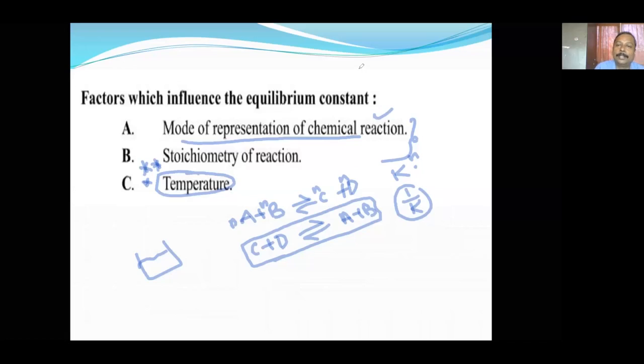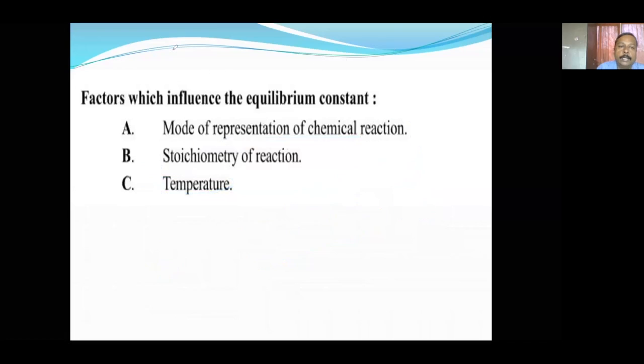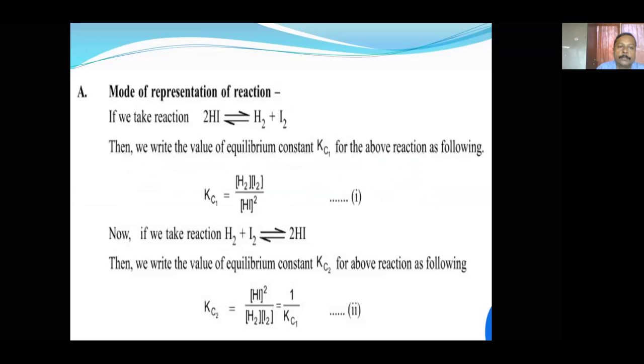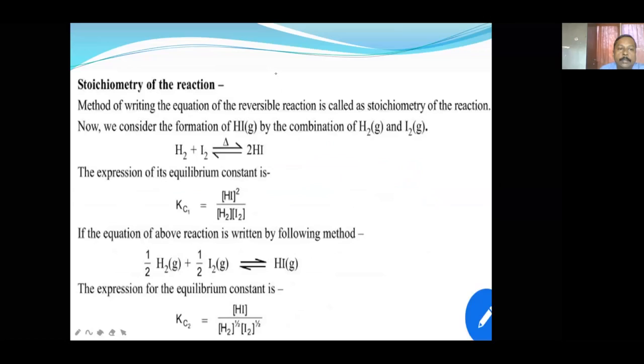So here, for decomposition it is Kc1, and for formation it will be 1 by Kc1. Now next, stoichiometry of the reaction. If for this reaction it is Kc1, when it is multiplied by 1 by 2, then it will be to the power of 1 by 2. Like that there will be change.